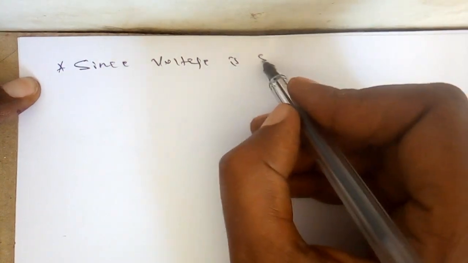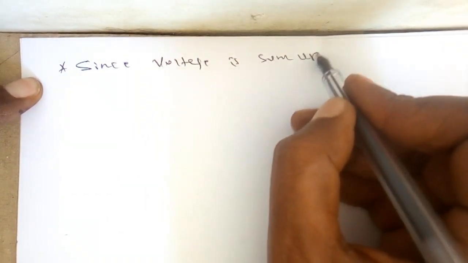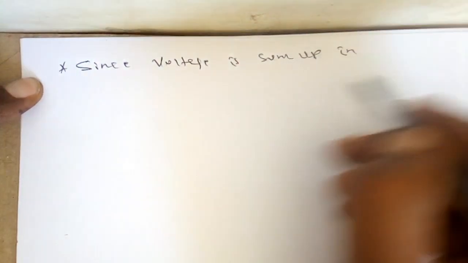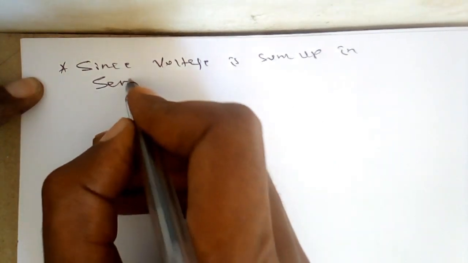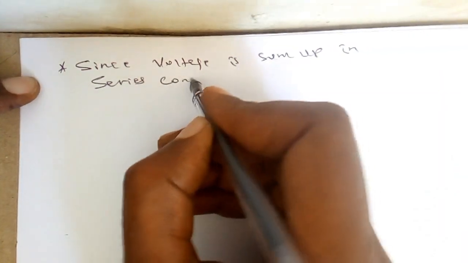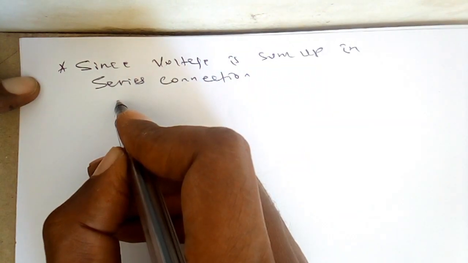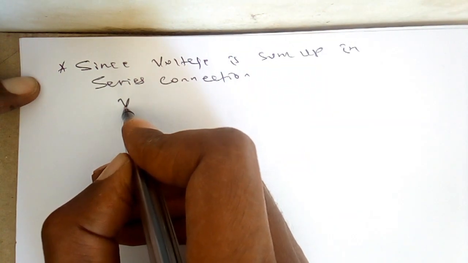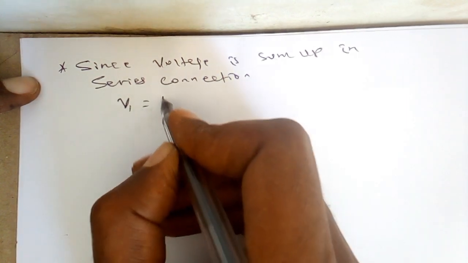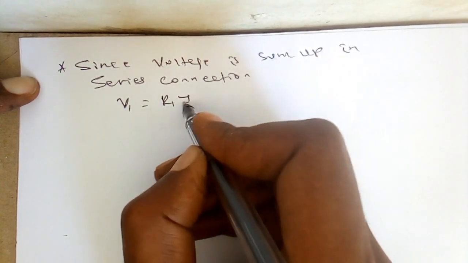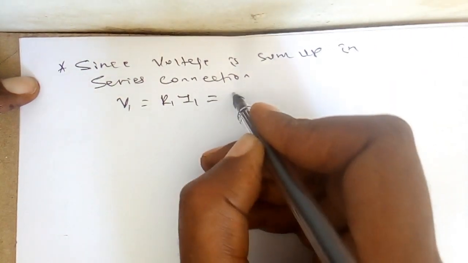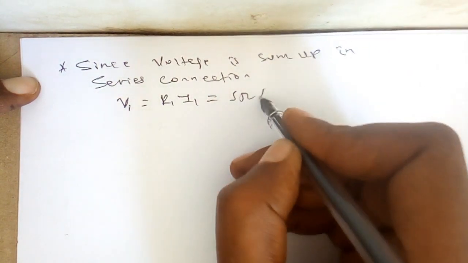Since the voltage is summed up in a series connection, what will be the voltage? V1 is equal to R1 times I1.